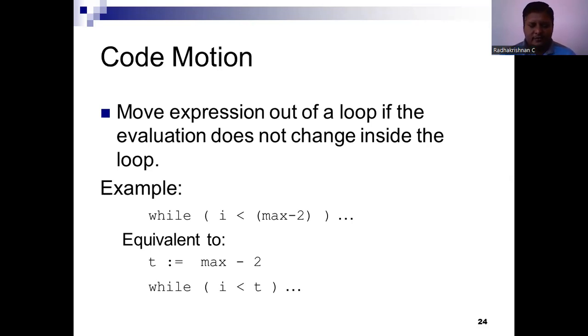Max minus 2 value is assigned to t. Again the condition will be checked and the loop will be executed. If the condition is false, control is transferred outside the loop. So whenever the condition is checked, the calculation is only the condition check alone, not the further computation.